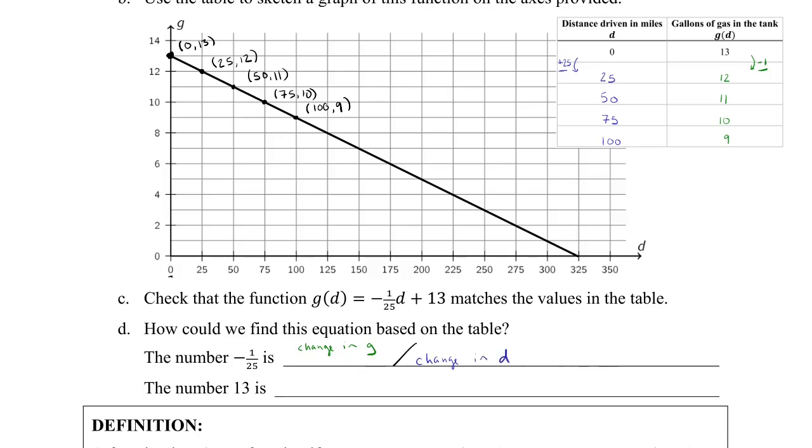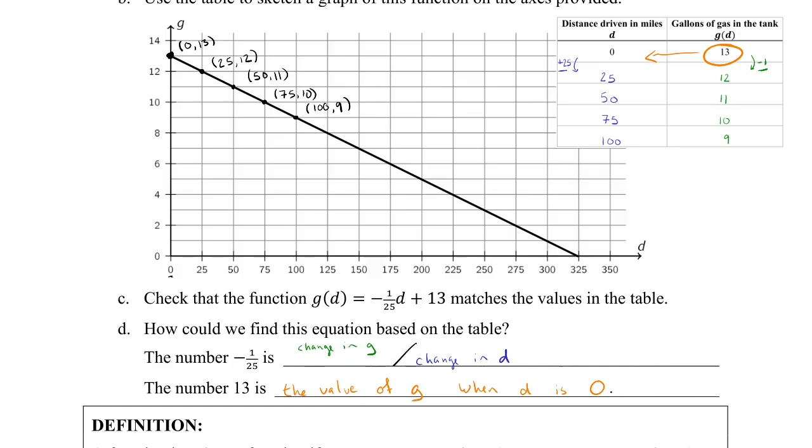We can also find the 13 in that table. The 13 was the starting value of g. That is, it was the value of g when d was 0. Keeping track of where we see these is going to be helpful when we get to the point of writing down an equation based on a story or a table like this.